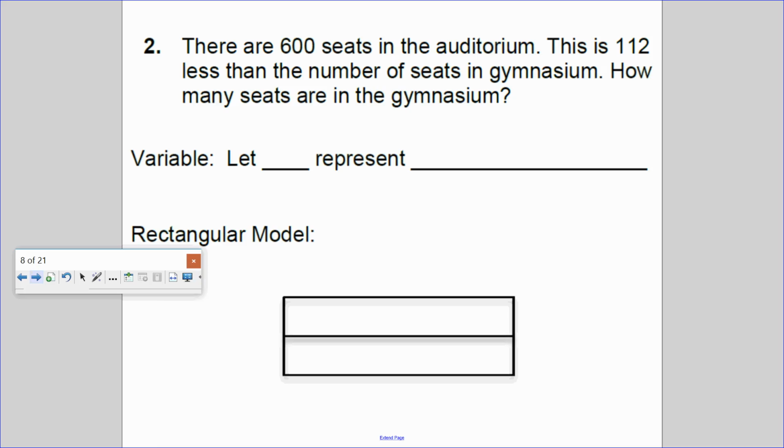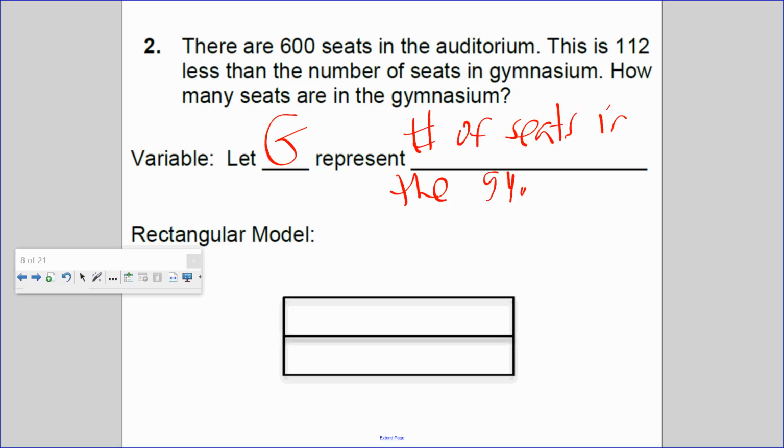Now, 600 seats in the auditorium. This is 112 less than the number of seats in the gymnasium. How many seats in the gymnasium? Well, they didn't tell us how many seats in the gymnasium. Let G represent the number of seats in the gymnasium.